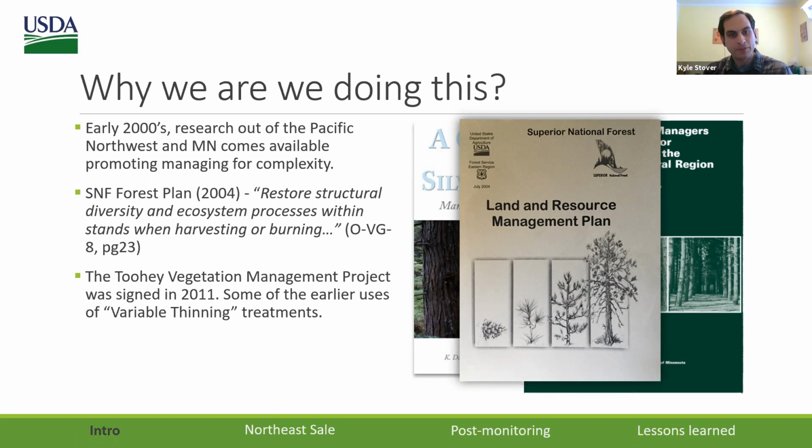By the time this forest plan is integrating with a lot of our forest vegetation management projects, the 2E vegetation management plan on Tofte has some of the earliest uses of this treatment we have started applying to stands called variable thinning. That's an incomplete history, but I really do think this has been a process coming along with available research.